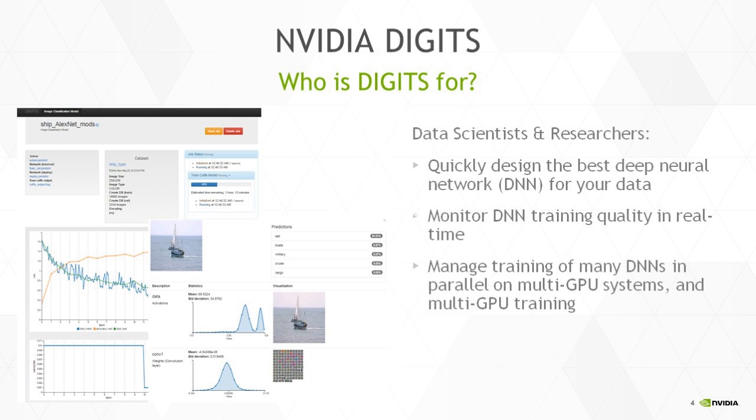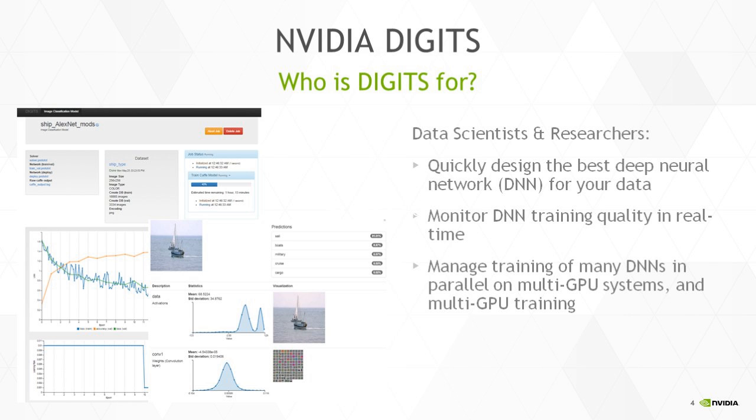So who is it for? Anybody who wants to explore neural networks for their data set. The whole premise behind DIGITS is that this is an interactive visualization tool that allows you to quickly develop a deep neural network for your data and easily explore deep neural networks with your data.